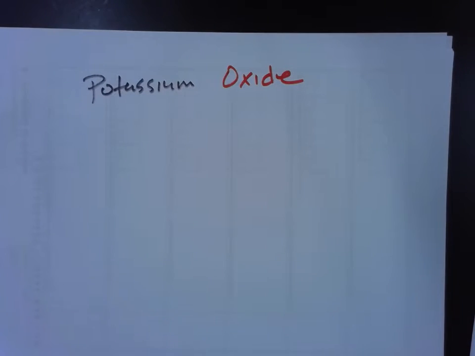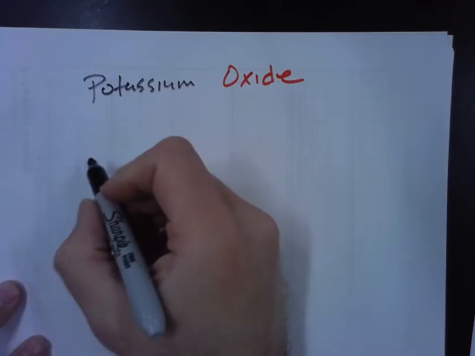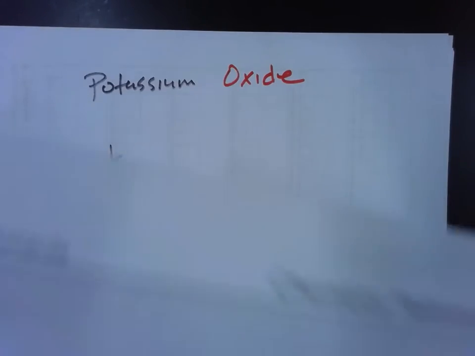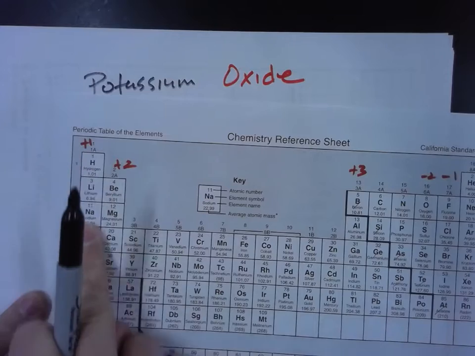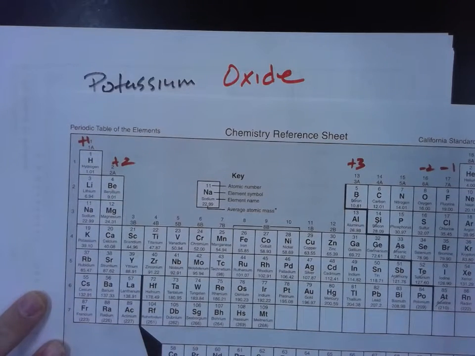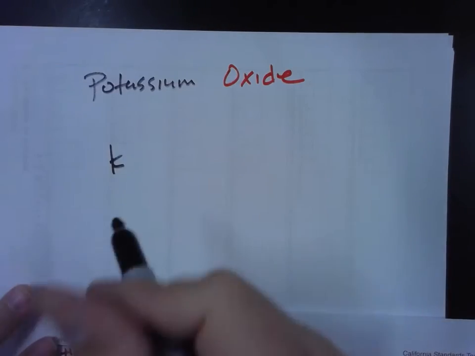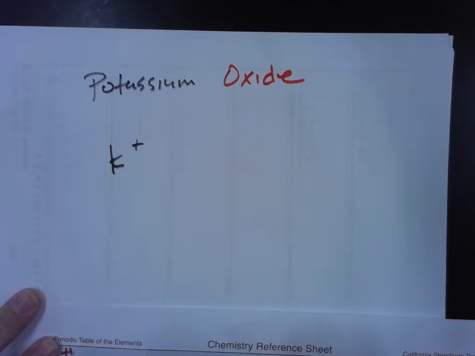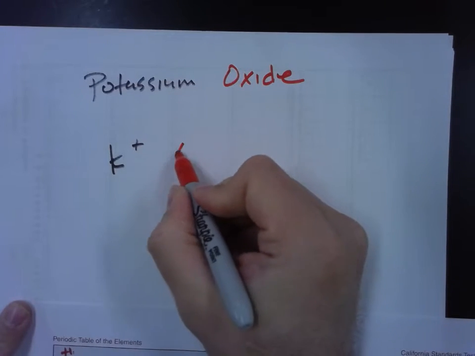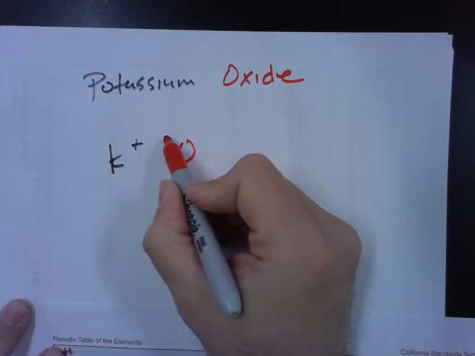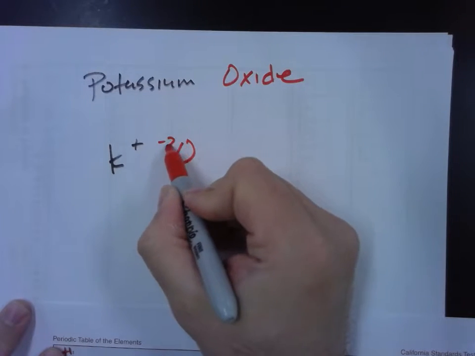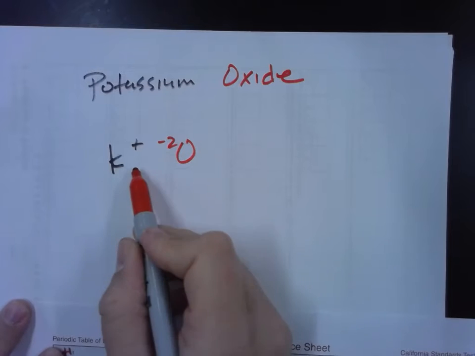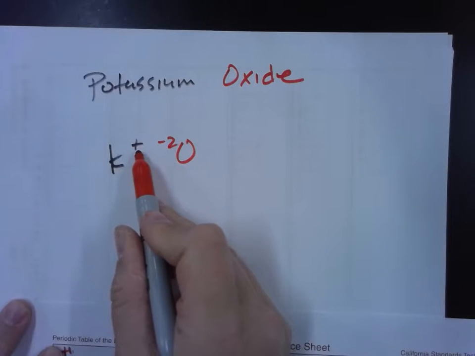So let's go ahead and do potassium oxide. Potassium is K, and it's in the +1 column. Oxygen forms oxide, O, and that's a 2 minus. So now look, we've got a -2 charge, a +1.